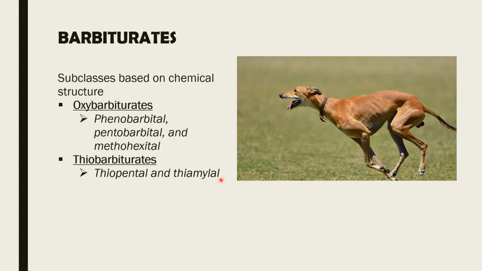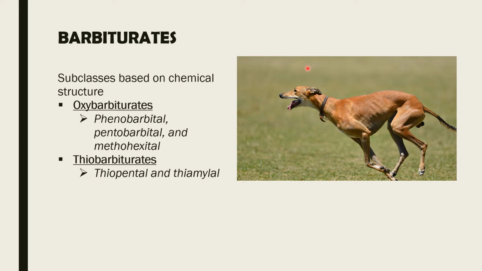One concern with thiopental is it should not be used in certain breeds of dogs such as sighthounds and greyhounds. This is a greyhound, and we should not induce anesthesia in greyhounds or sighthounds with thiopental because one characteristic of thiopental is that it redistributes in fatty tissues such as the adipose tissue or the fat.